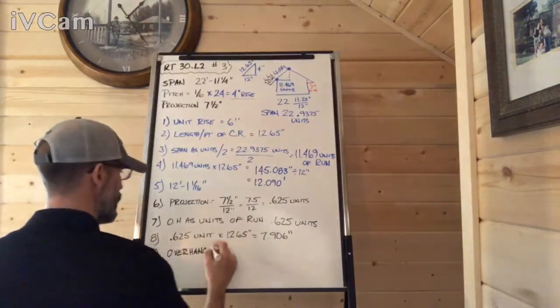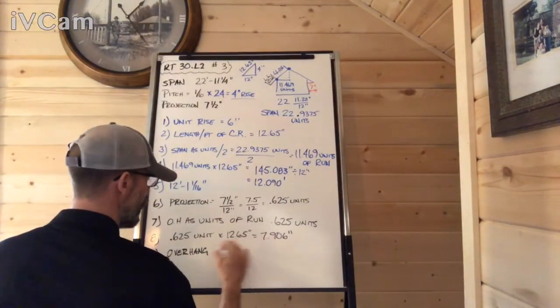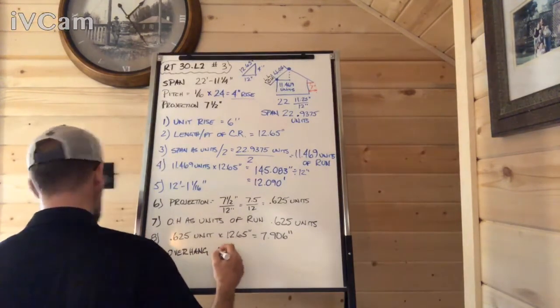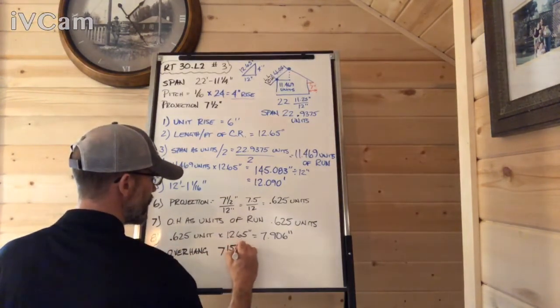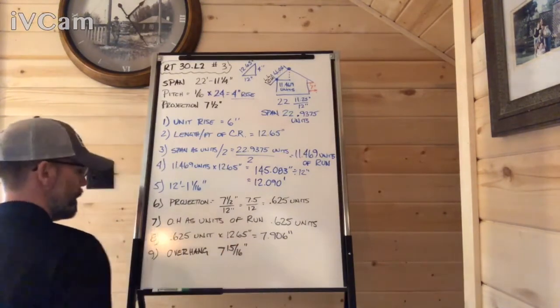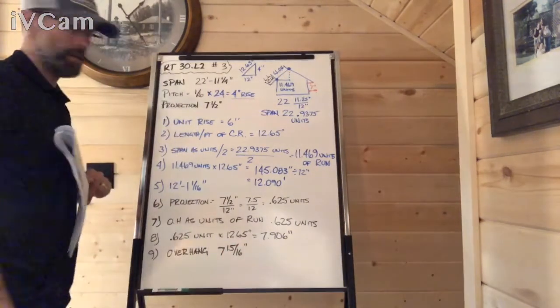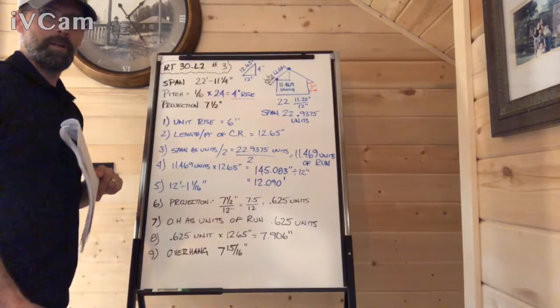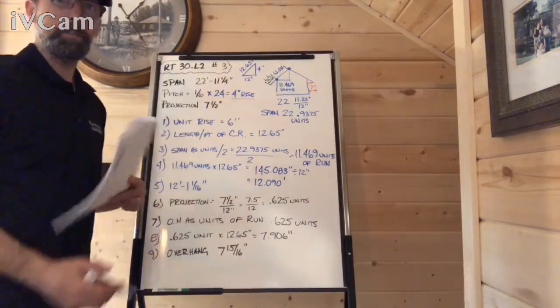When I convert that over, I know I have 7 full inches. 0.906 times 16 will give me 15/16 of an inch. Any questions? Of course not. I'm talking to a camera.